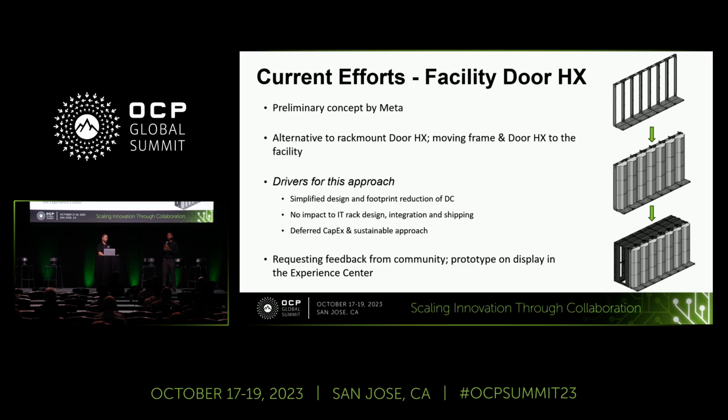So you don't have to change out your door heat exchanger every time from the facility. You can just use it as a part of the infrastructure and update your generations. And the good thing about this specific project is that we have a prototype in the Experience Center, and Jared's been manning it for the past couple of days. So we encourage you to go out, get your hands on it, see that it's actually a real thing, and get your feedback on it, right?